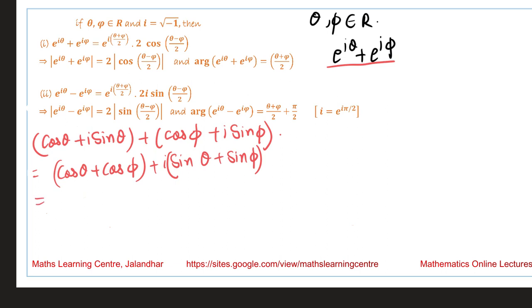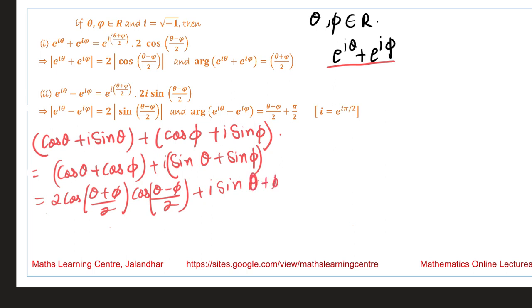This term is equal to 2 cos((θ+φ)/2) cos((θ-φ)/2) + i 2 sin((θ+φ)/2) cos((θ-φ)/2).